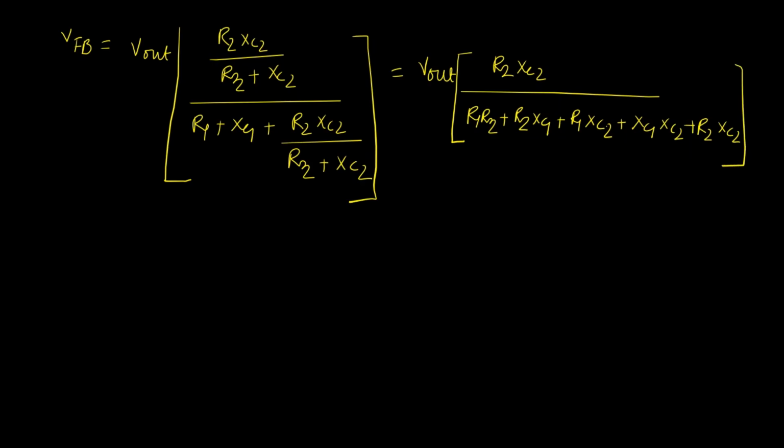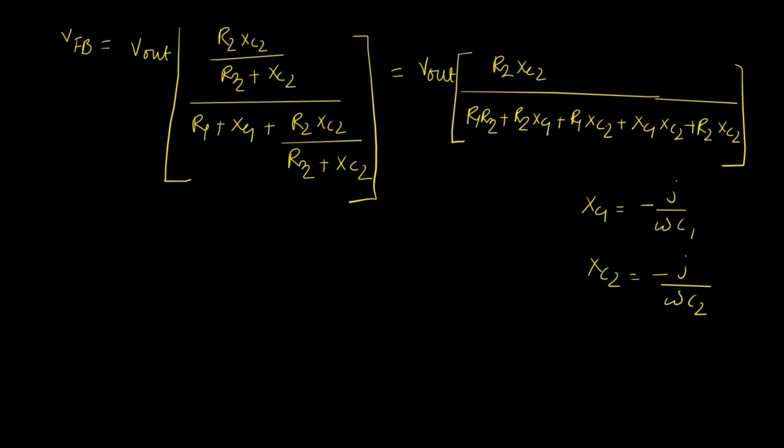So we know the value of XC1 is equal to minus j by omega C1, and XC2 is equal to minus j by omega C2, right?